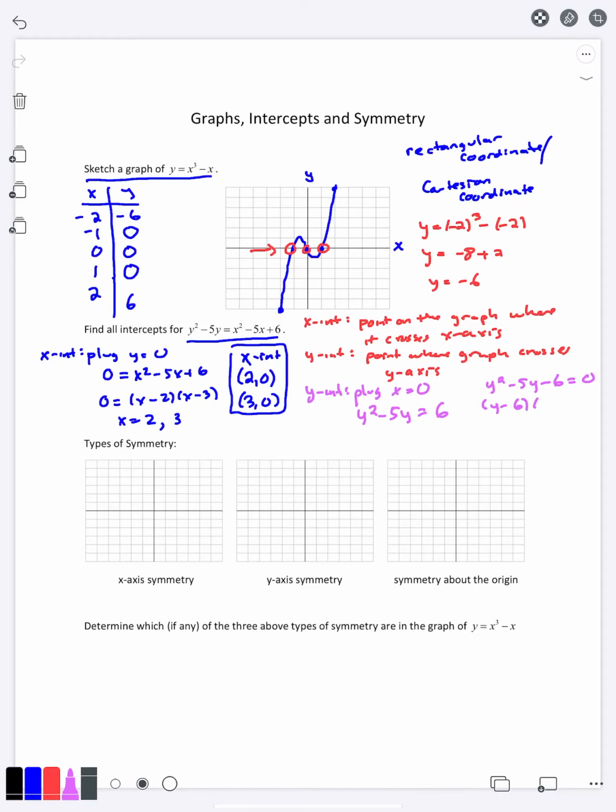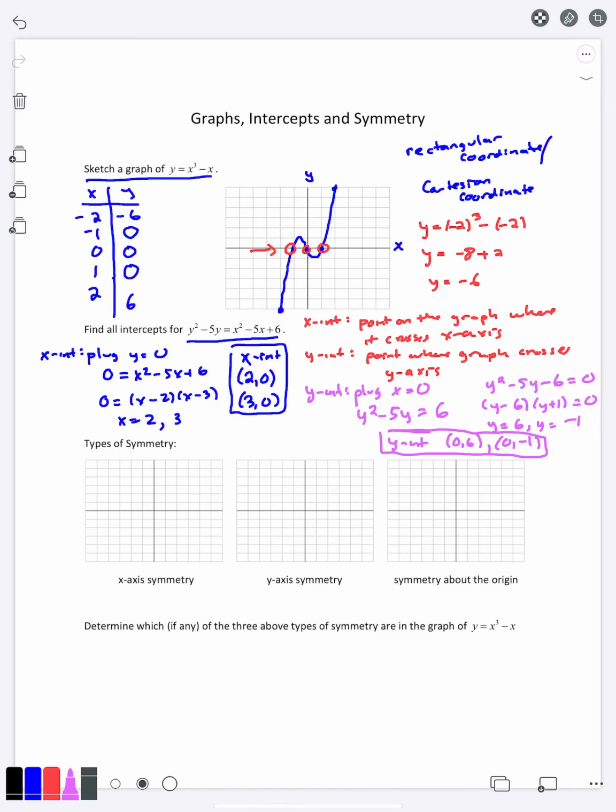It's going to be minus 6 plus 1. So we're going to get the values y is 6 and y is negative 1. But again, those are not the actual points that we're looking for. The points would be (0, 6) and (0, negative 1). And this is how we find our x and y-intercepts. We plug in 0 for one variable, solve for the other variable, and then repeat the process.